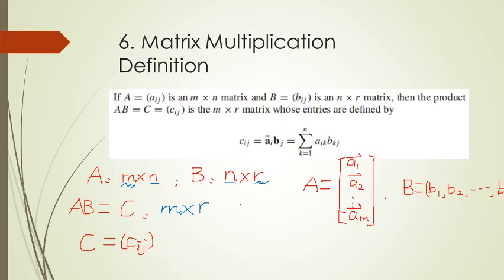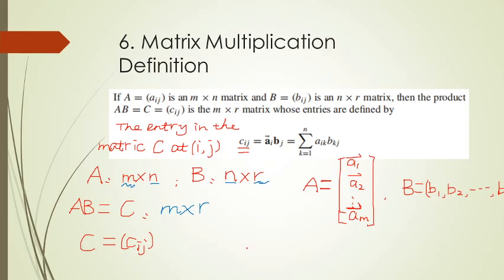Then what is the entry in matrix C? What is the entry Cij? What does this Cij mean? Cij is the entry in the resulting matrix C at the ij position, which means ith row, jth column. So how can I get the entry?